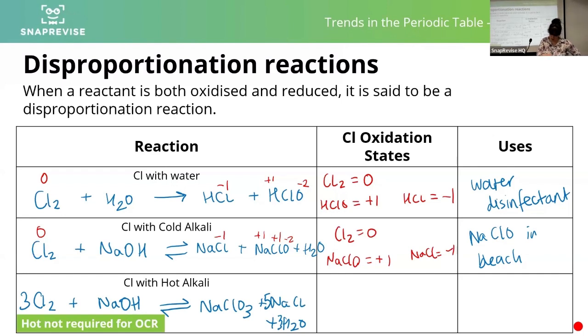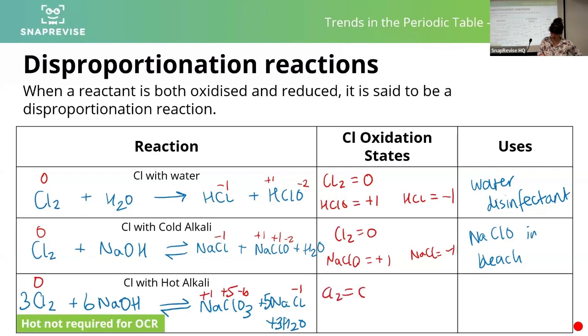So that's 3Cl2, 6 lots of NaOH goes to make NaClO3 plus 5 lots of NaCl and 3 lots of water. And what happens in terms of the oxidation states now? We go from 0 to -1 in NaCl as normal, but here we've got 3 lots of oxygen, so we've got -6 for our oxygens, +1 for our sodium. That means chlorine is going to be +5.